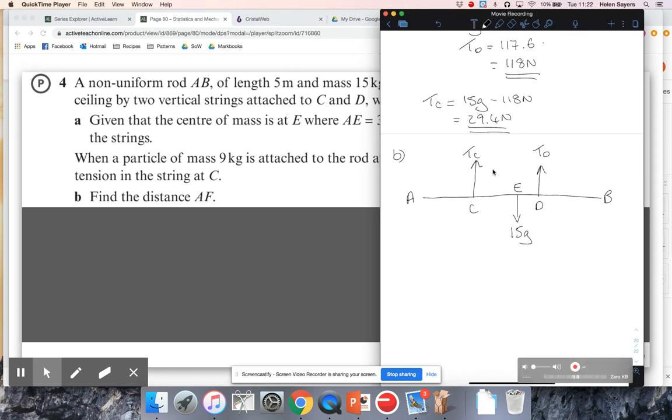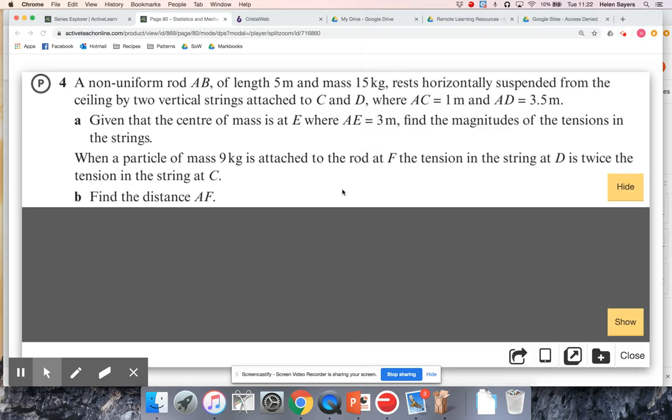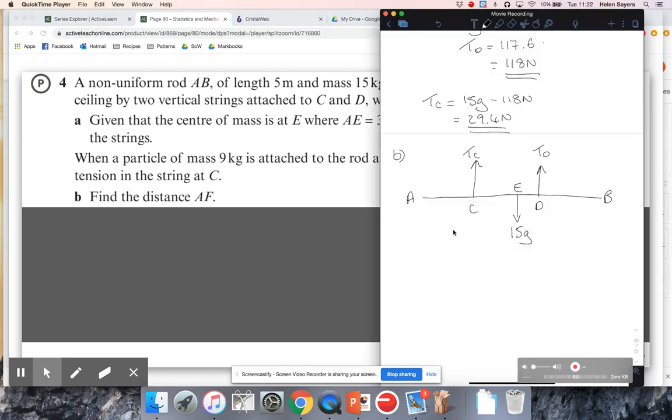Now, these two previous answers are no longer going to be relevant, because adding this 9 kilogram mass has completely changed the tensions. So I can't use those previous answers at all. But what it does tell me is that the tension at D is twice the tension at C. I can simplify these tensions quite a lot because I no longer need two different tensions.